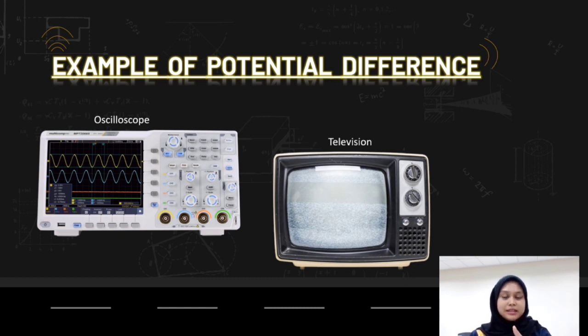All images created on the screen appear when charged particles are accelerated using an electric field. When the charges hit the screen, they cause the phosphorescent coating to glow and an image appears. So that's how the image appears on the television.